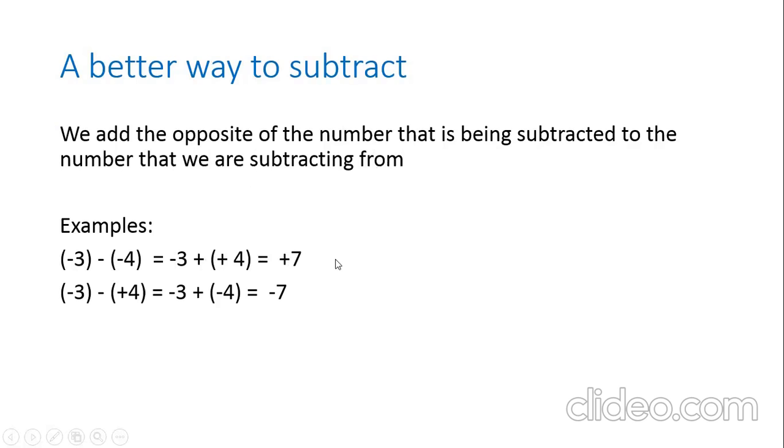So the result is +1. In the other example, we are subtracting 4 from -3. So to do that, we need to add the opposite of 4, which is -4, to -3, and the result is -7.